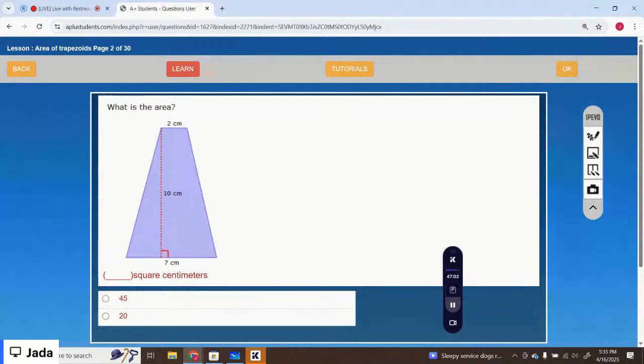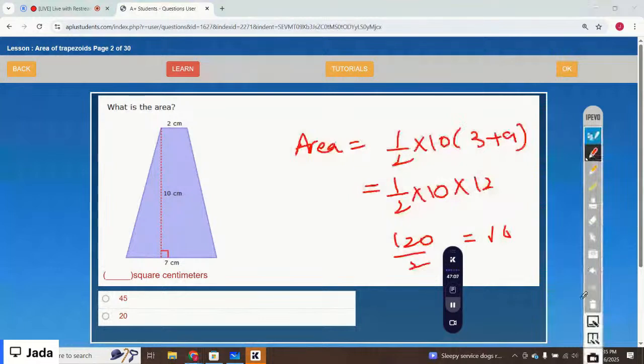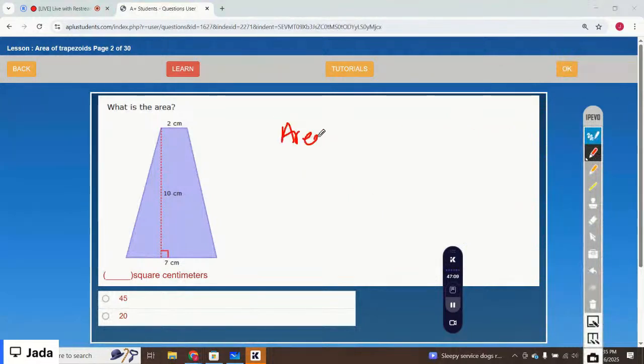What is the area? So you can calculate the area by using a formula that is half times the height and you need to add the bases. So which is the correct option?